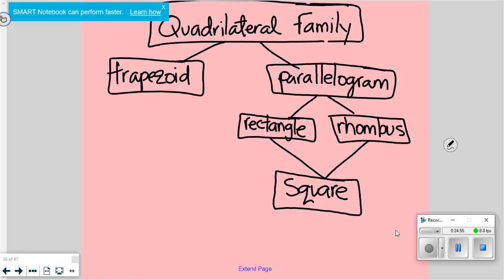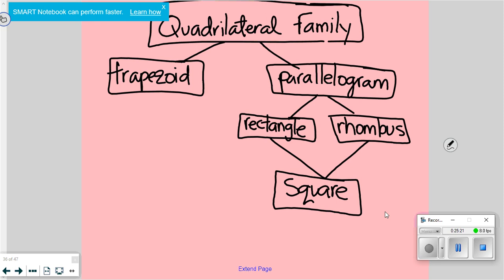So that means they're a special shape. Evelyn? Is the square the most special shape or are there more shapes? In the quadrilateral family, so out of all quadrilaterals, the square is the most special. It's got the most rules, the most attributes.